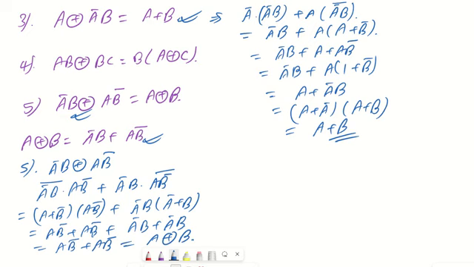Now let us talk about the XNOR gate. It is nothing but the opposite, the complement of the XOR gate.